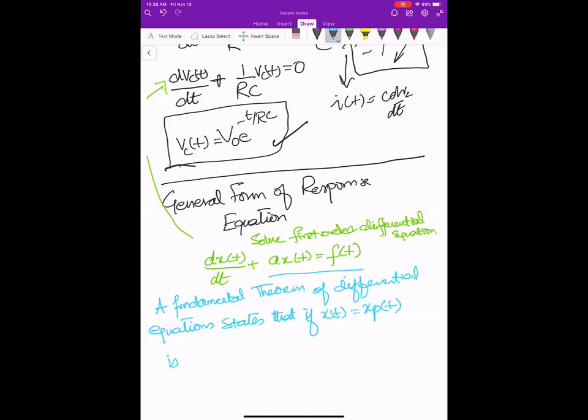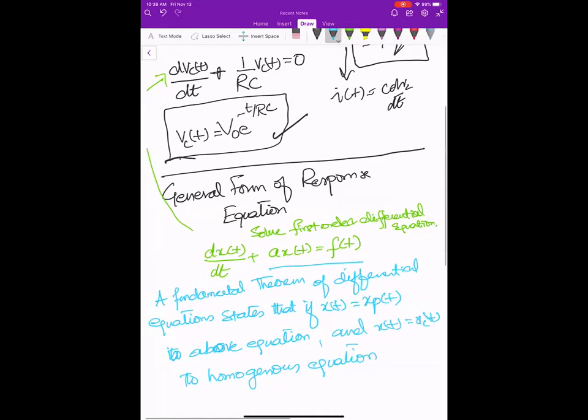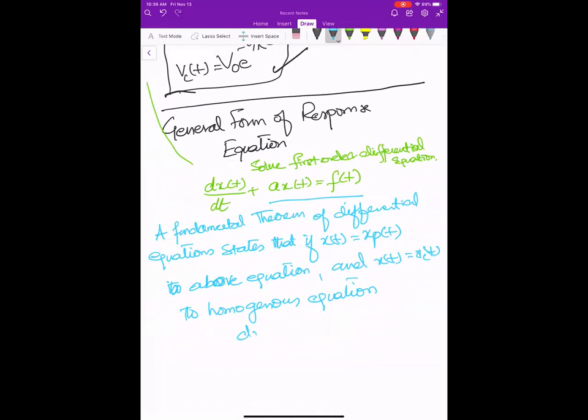And if xp of t is the solution to the above equation, and x of t is equal to xc of t, the solution to the homogeneous equation. So we all the time say that there are two solutions to this equation.